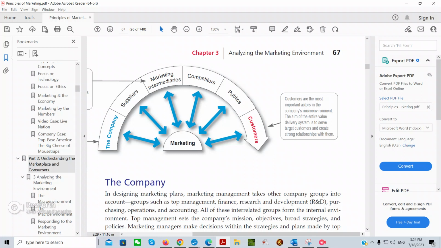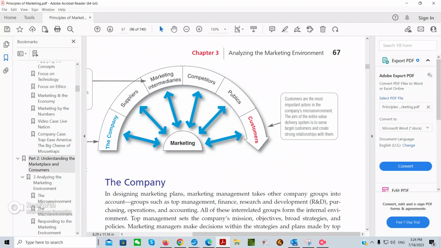The marketing intermediaries use marketing, and marketing uses the intermediaries as well. Competitors need marketing, and marketing is used for competitors. Publics need marketing, and marketing is used for publics. And also customers need marketing to communicate the value, and marketing needs customers to market to.